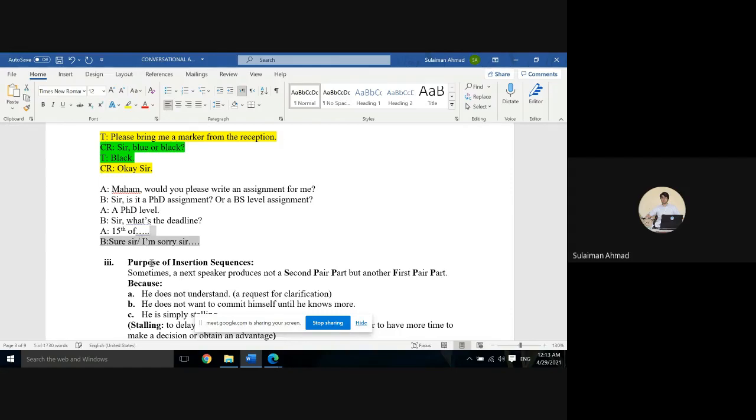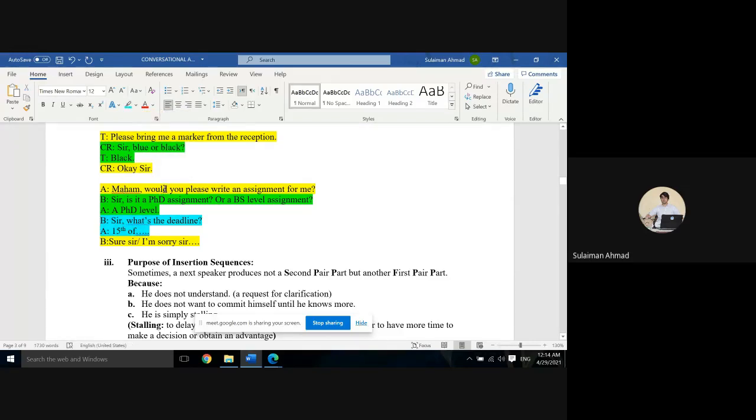Now, see, this utterance of speaker B and utterance of speaker A, this is an adjacency pair, and these two are insertion sequences. Insertion sequence number 1 and insertion sequence number 2. You see? Rather, let me color it differently.